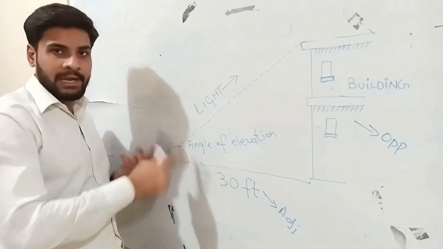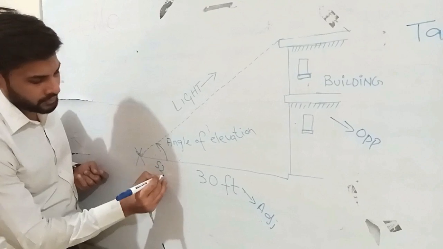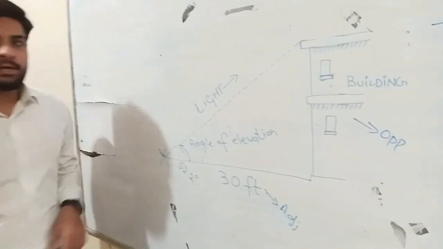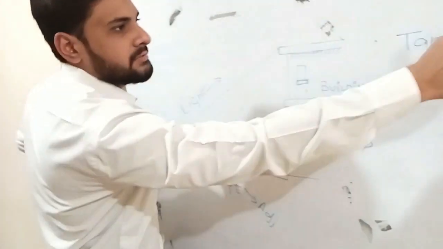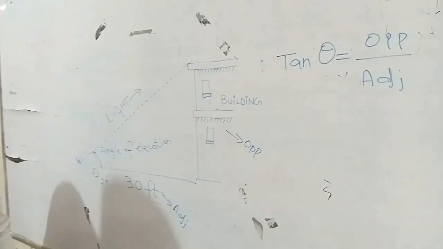We have already found the angle of elevation between the building and the device, which was 52.2 degrees. So out of these three things we know two, so we can easily find the third quantity.